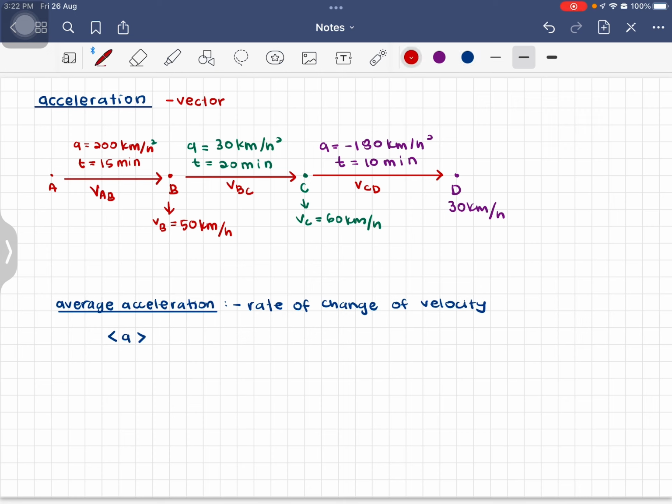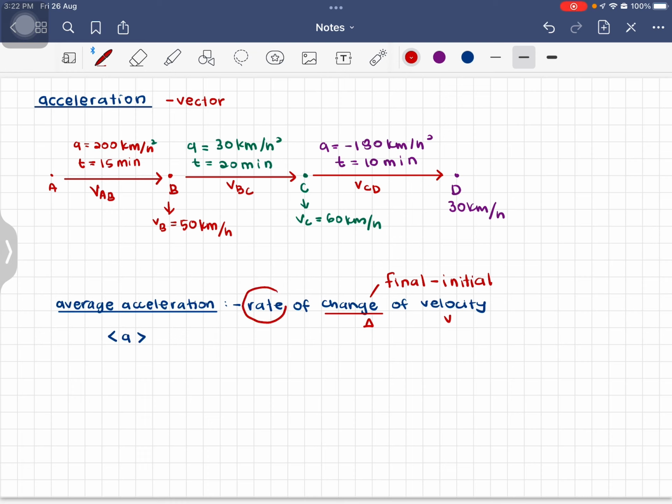Your velocity is V. Your change, like I said in the previous video, is symbolized by delta, meaning final minus initial. So you will have delta V equal to V final minus V initial.